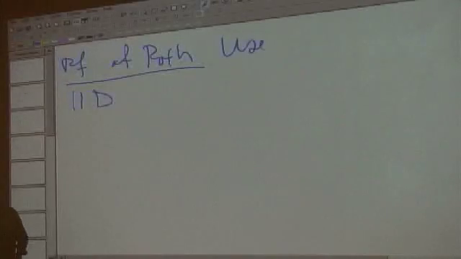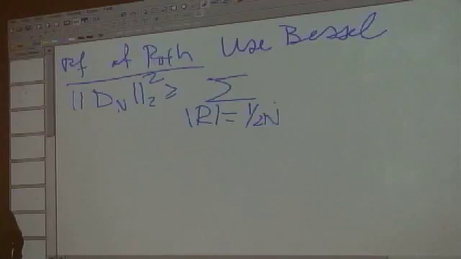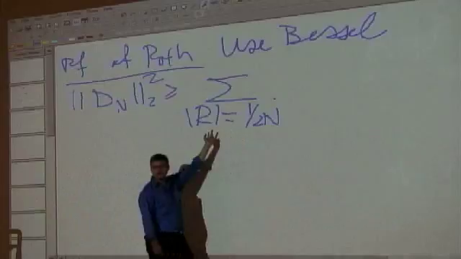Okay, so the proof of Roth is you just use Bessel. Let me take the norm squared of Dn. It is bigger than the sum over R. I write R equals 1 over 2 to the n, but clearly this is not important.